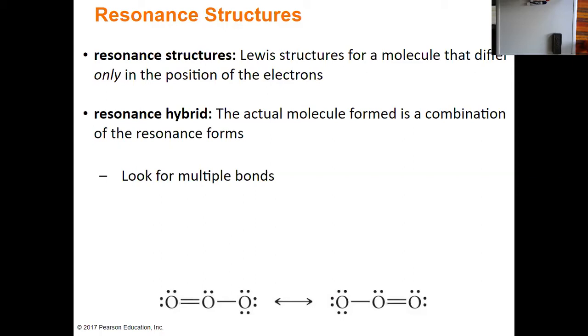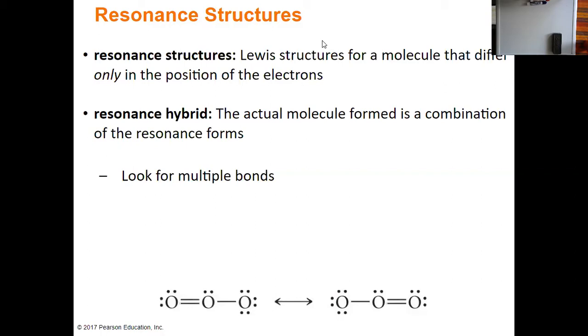The electrons will move around. Delocalization helps stabilize the charge of our molecule, okay? And we call that concept of delocalization resonance. That's what we get resonance from.